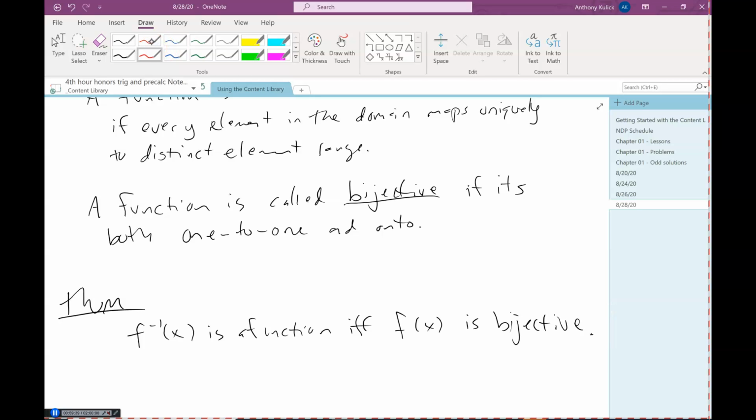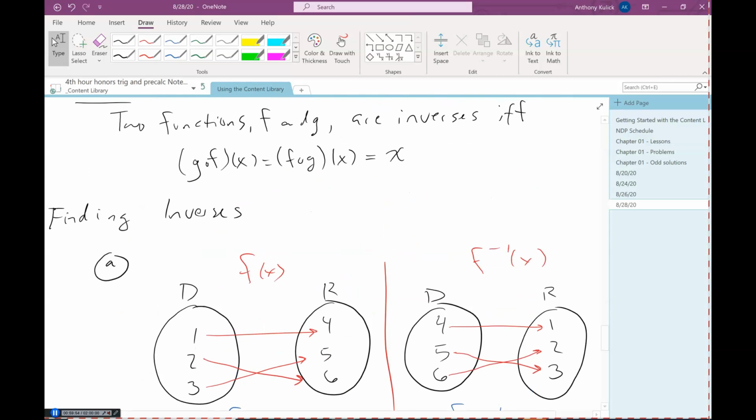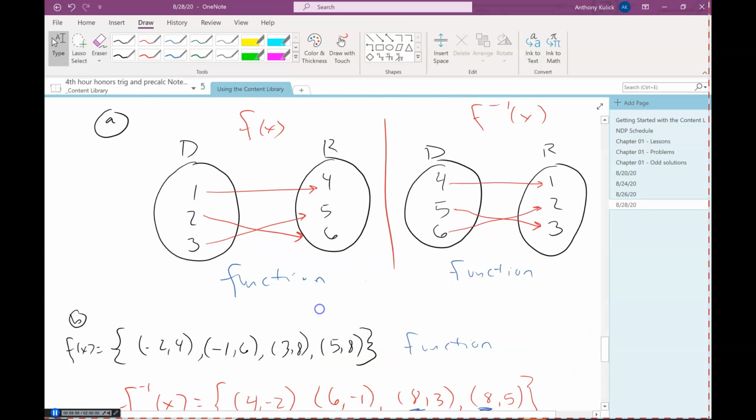Let's go back and look at those previous two functions, where one inverse was a function and the other inverse was not, and go look at the original f of x functions and see if we can tell if it passes both parts or if it fails both parts.